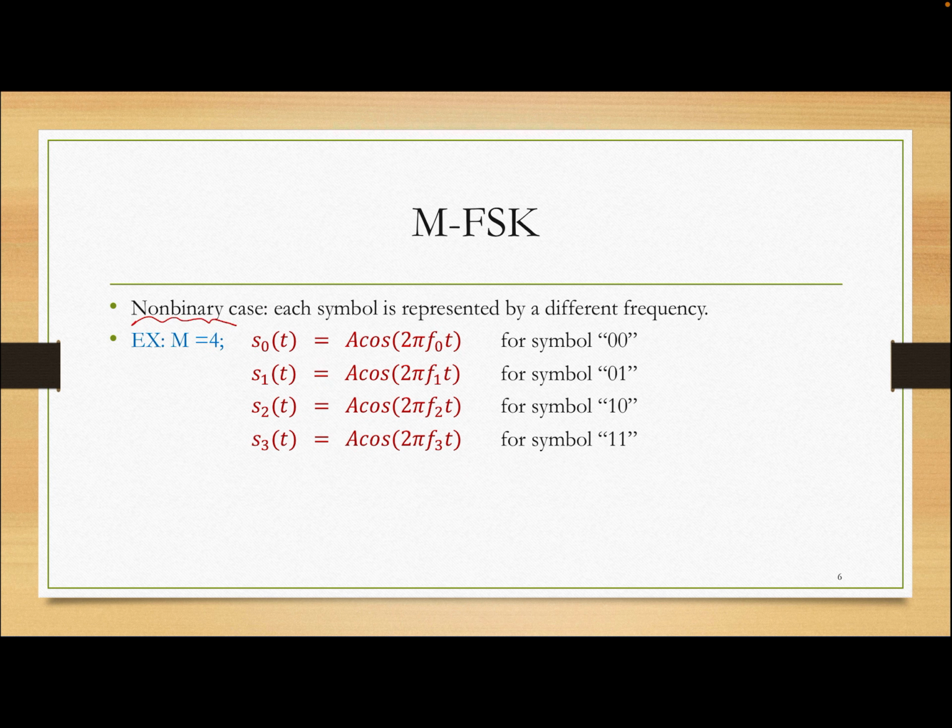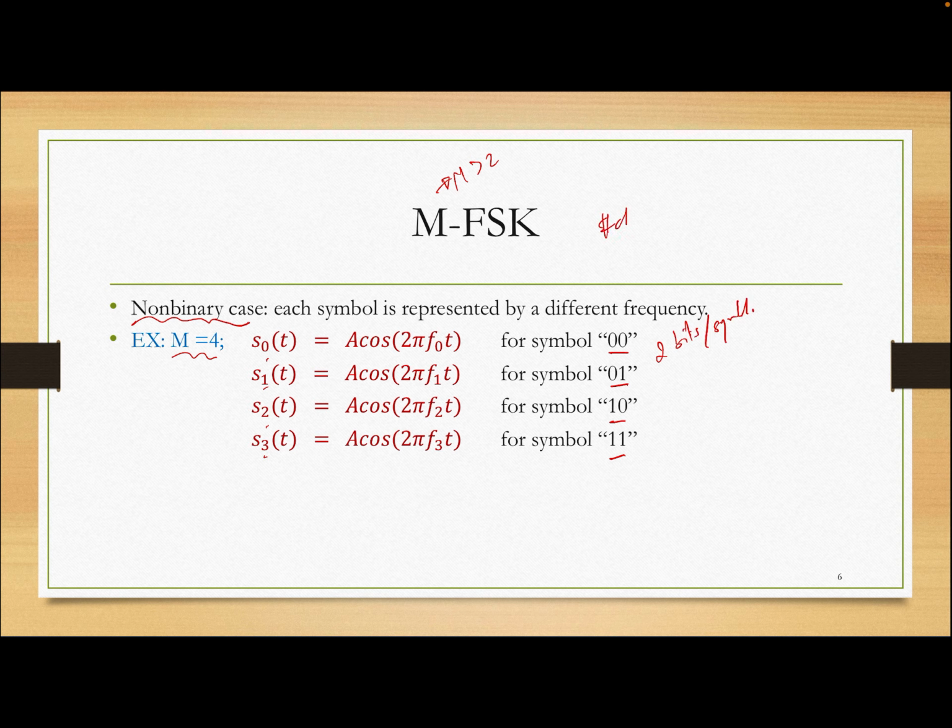Now for the non-binary case of FSK, M is more than 2. For example, if M equals 4, you have 4 cases: 0, 1, 2, 3, representing 00, 01, 10, 11. So you represent 2 bits per symbol.